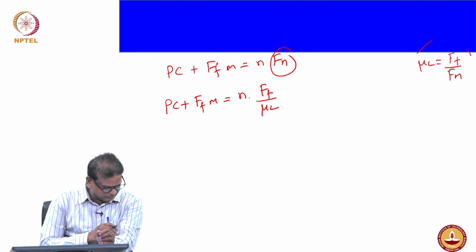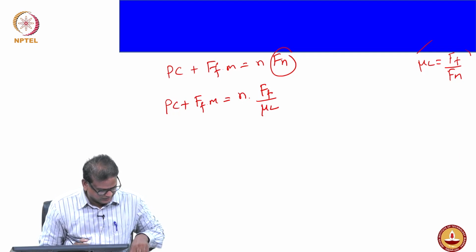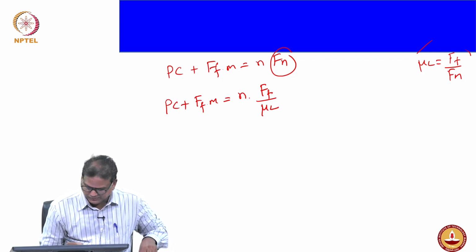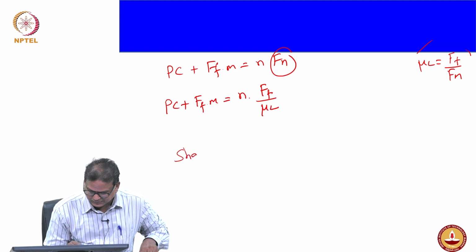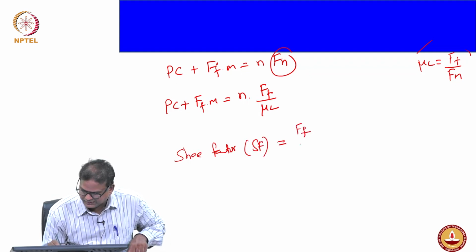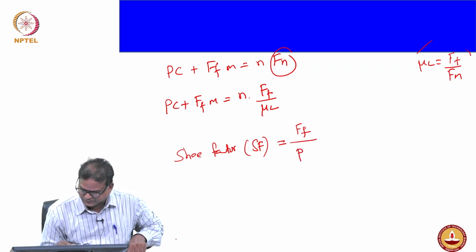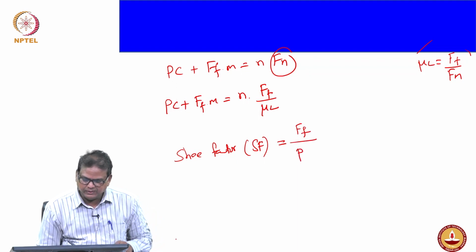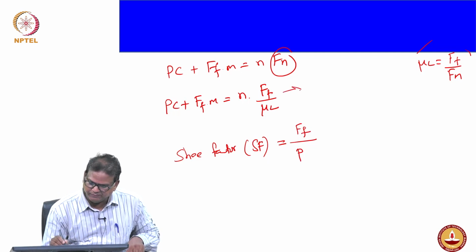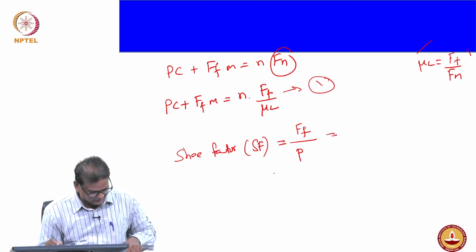I want to bring everything in terms of my shoe factor. The shoe factor SF is nothing but the ratio of the friction force to the activation force, F f by P. From this equation we can finally derive the result.